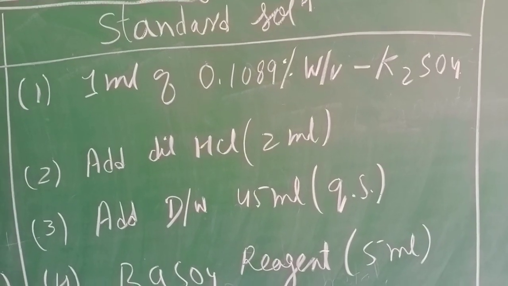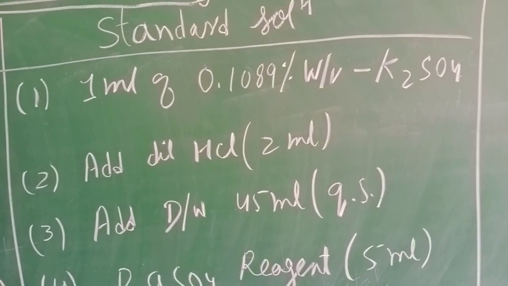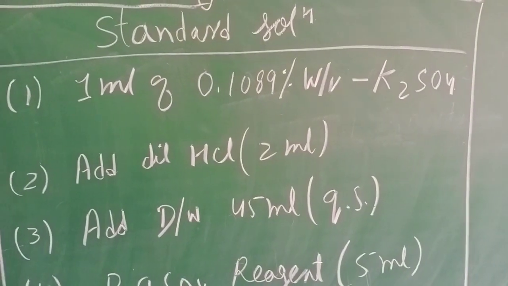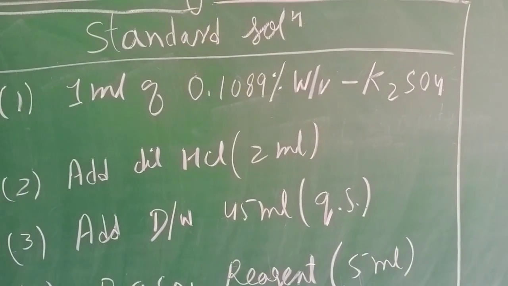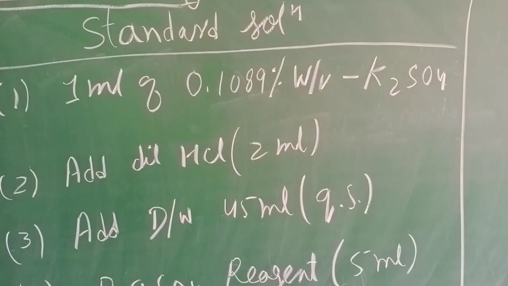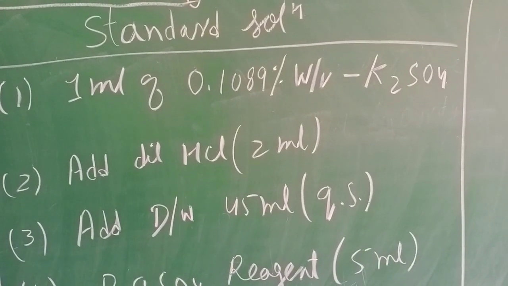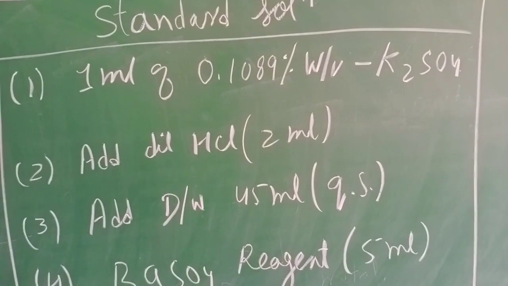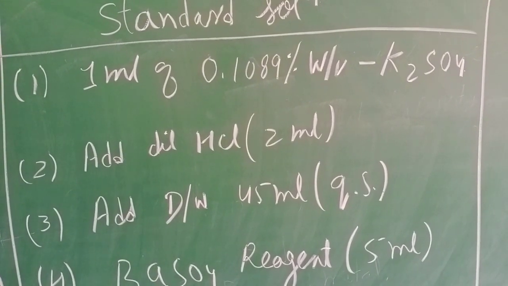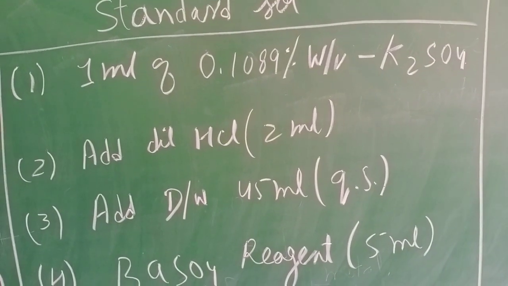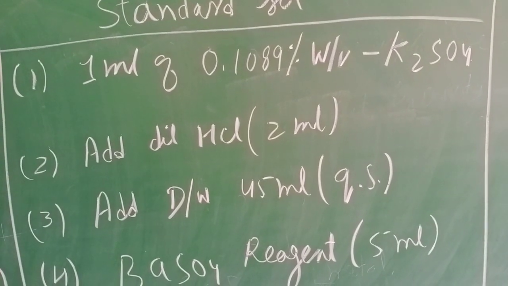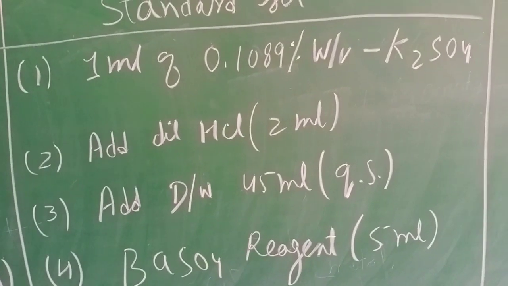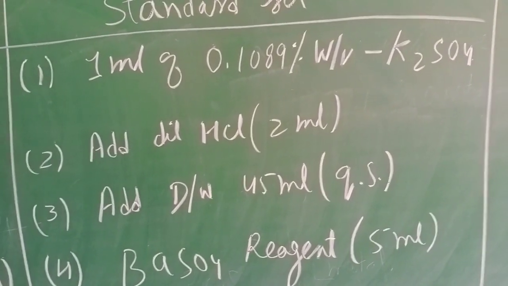And once this standard solution of this particular concentration, that is 0.1089% W by V, is prepared, from that solution 1 ml is taken and suitably transferred to the Nessler's cylinder.